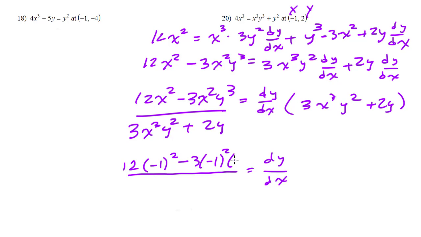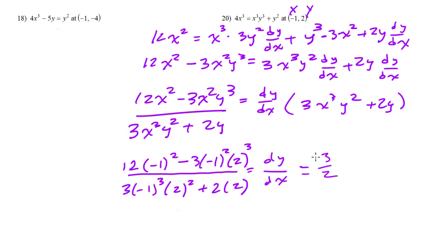And for y, we're going to put in 2. And then we need to simplify that. Okay, after we simplify that, we should get 3/2. So that means that the slope is 3/2.